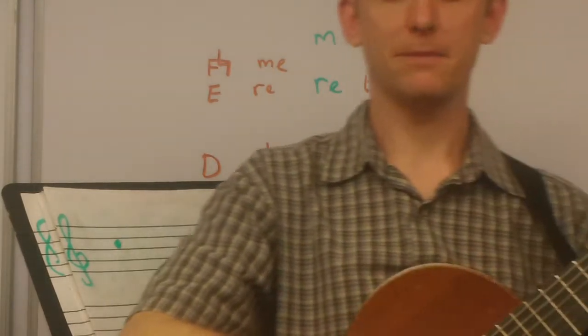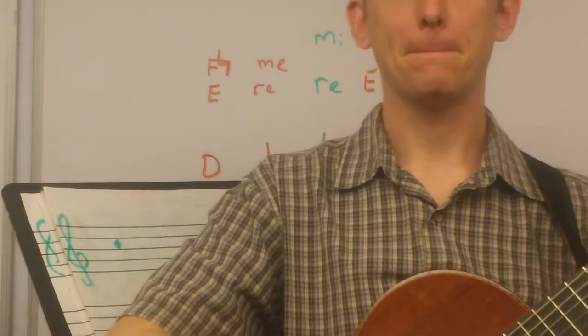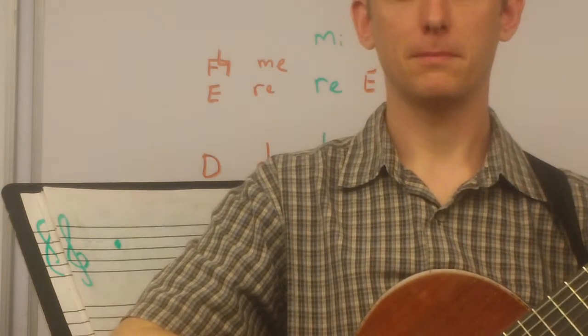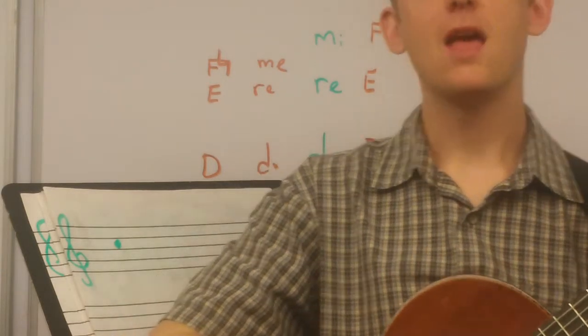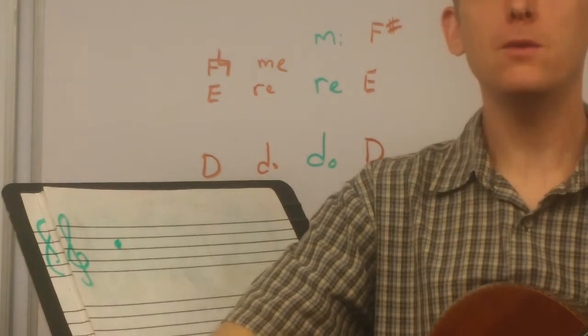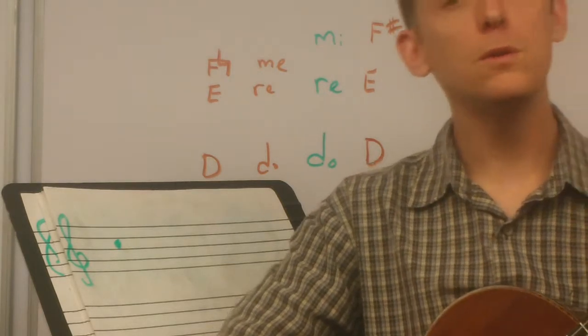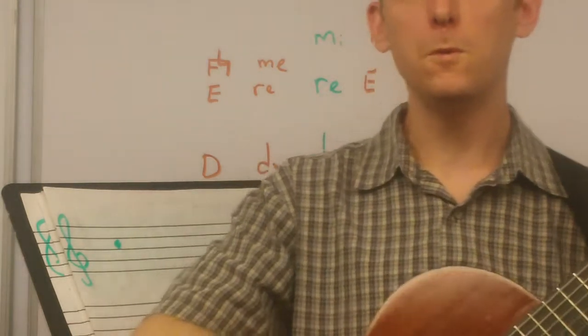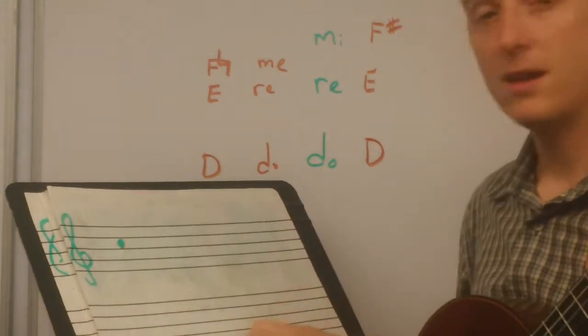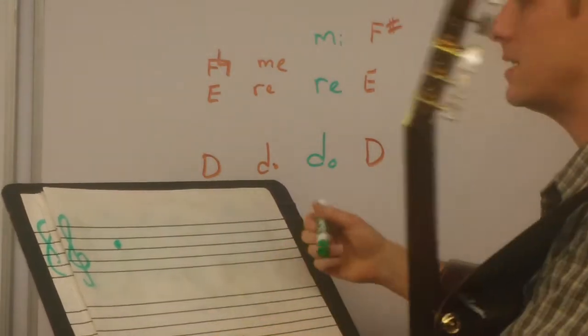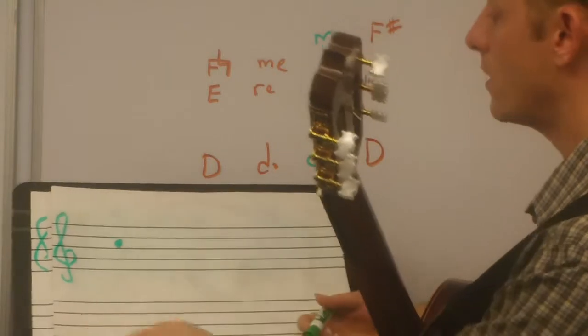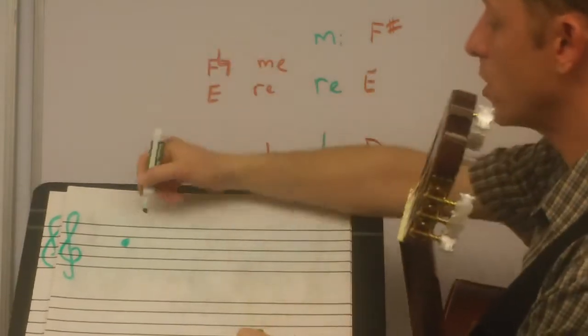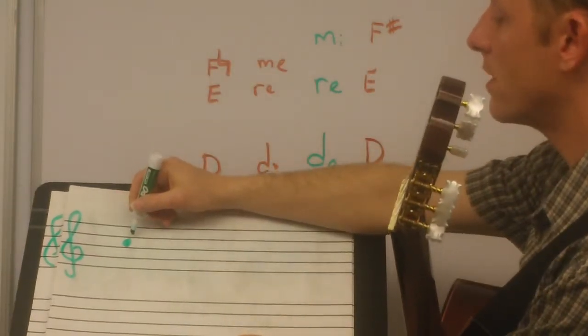Here's the next pattern. I'll sing it for you. Loo, loo, loo, loo, loo, loo. And here then is the answer. We are in C major, no sharps or flats, started on high do.